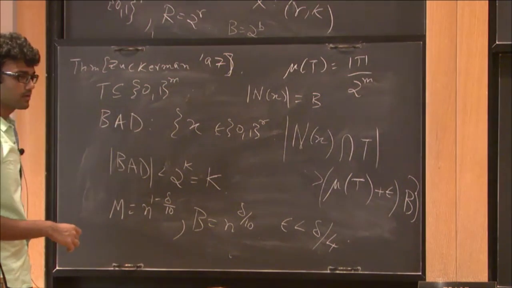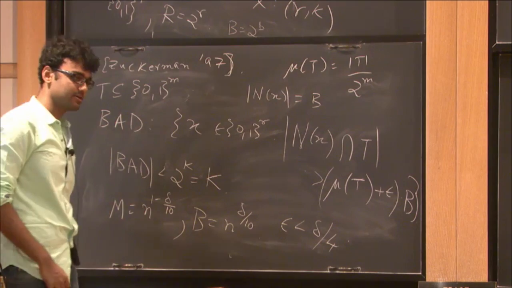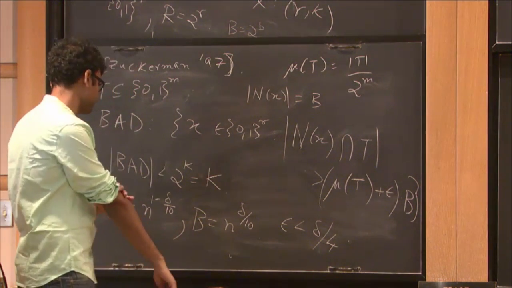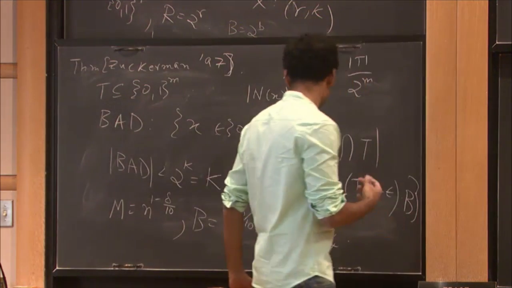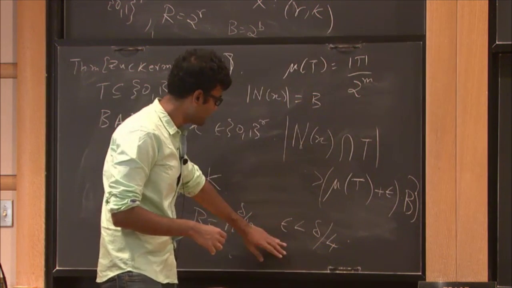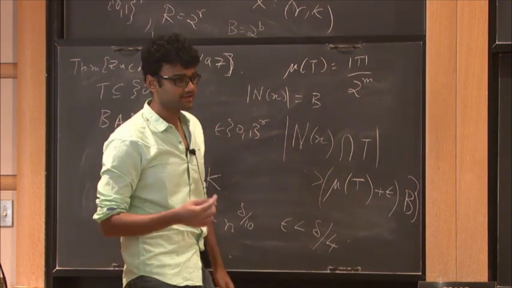So R will be polynomial in n. Yeah, capital R. So yeah, we'll crucially need that the error of the extractor is less than the delta that we are handling.